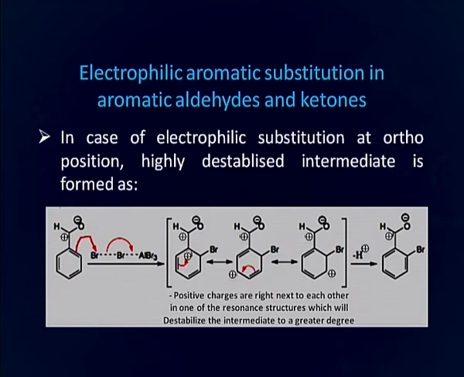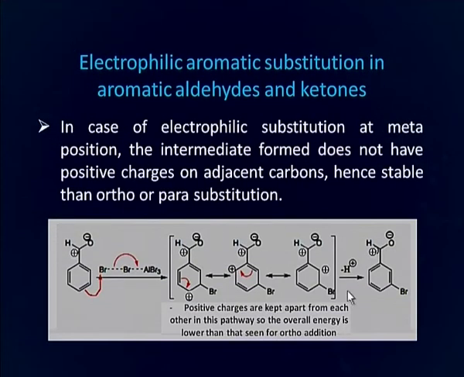Now, when you look at the resonance structures of benzaldehyde with meta substitution, you will not find any structure where the positive charge is present on adjacent carbons, and you will also see that the positive charge is present at all times either at an ortho position or at a para position.